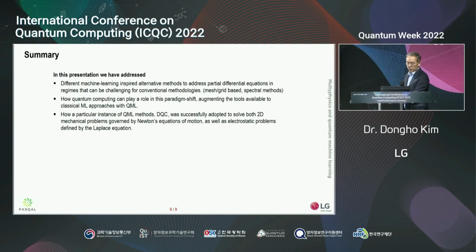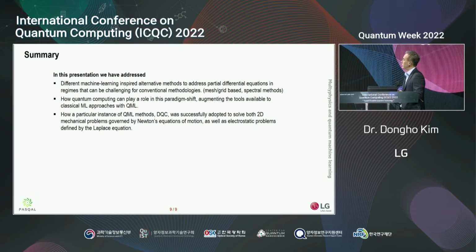The next one is how quantum computing can play a role in this paradigm shift: augmenting the tools available to the classical ML approach with QML. In order to implement QML, the quantum machine learning algorithm, we start from the conventional machine learning side.